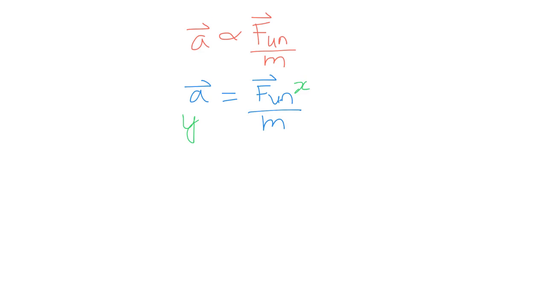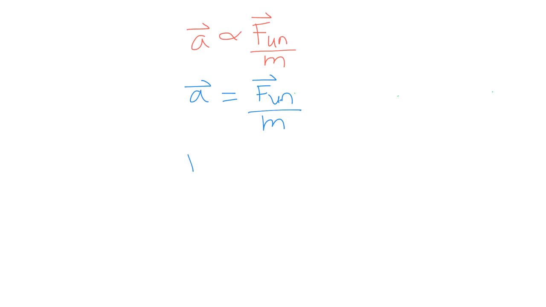And if I plotted 1 over mass as my x, and my a is my y, acceleration is y, then the slope was my unbalanced force. This is a very important relationship. This is Newton's second law in the mathematical form.